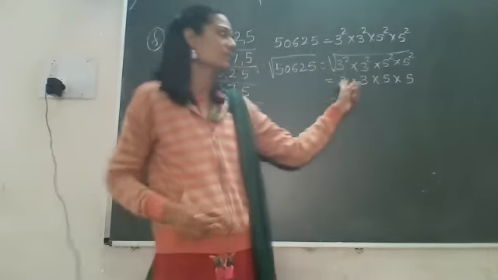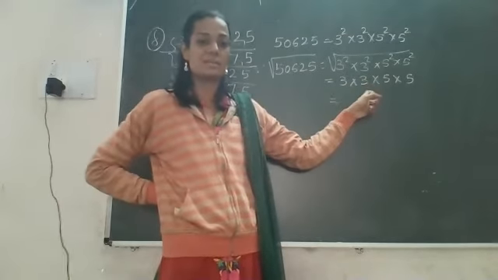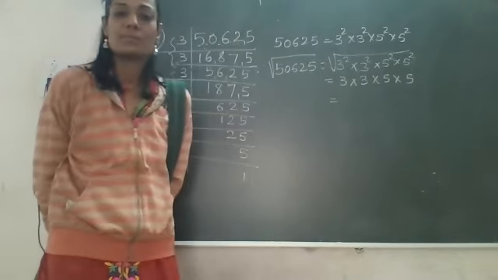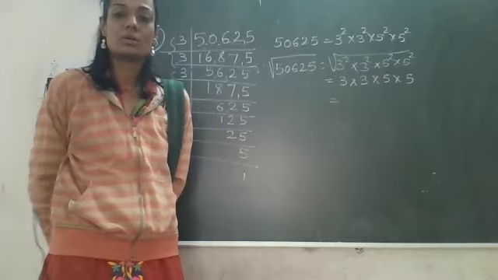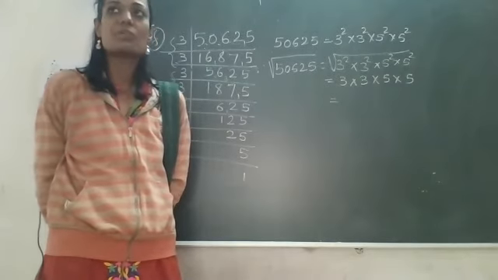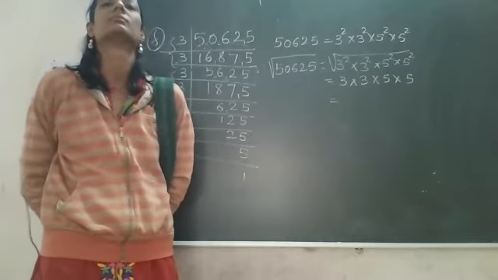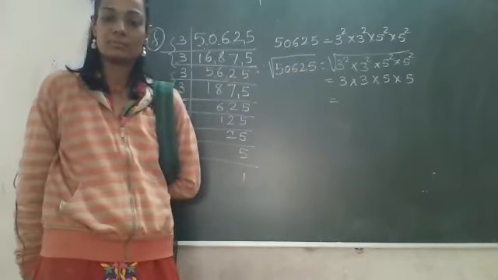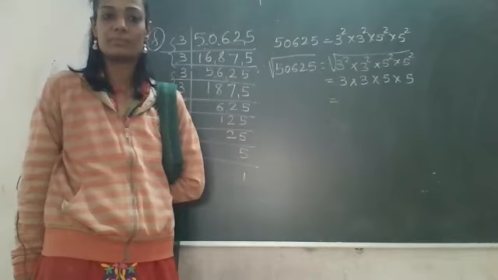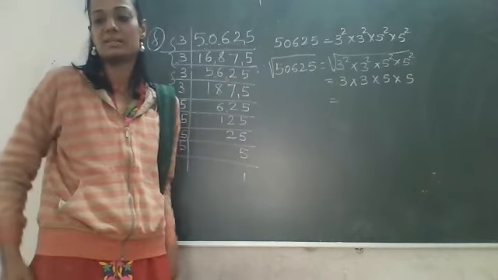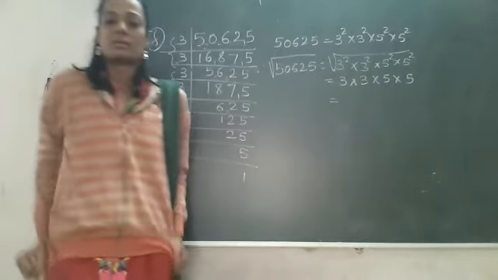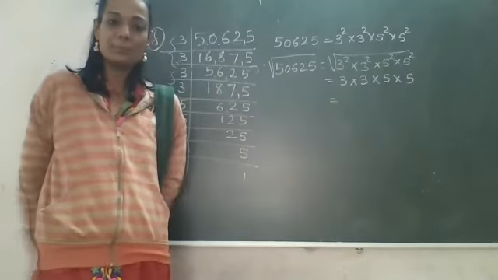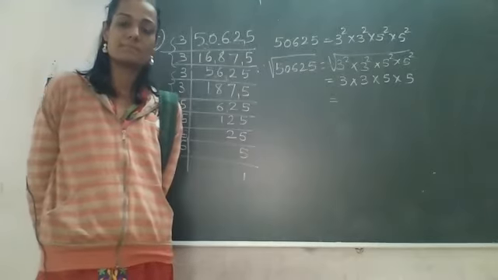So 3 3s are 9. 9 5s are 45, and 45 5s are 225.